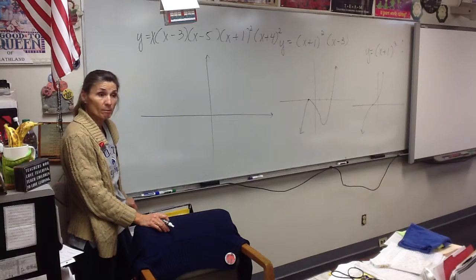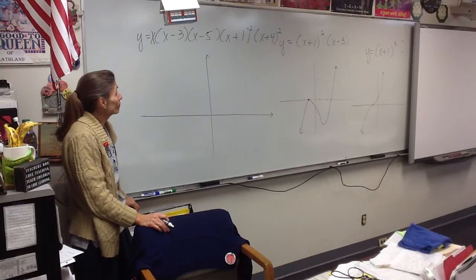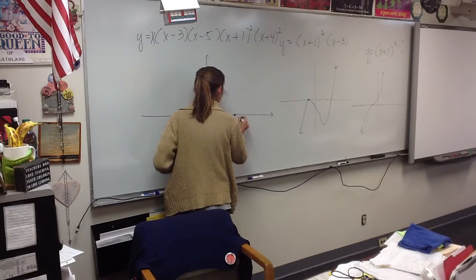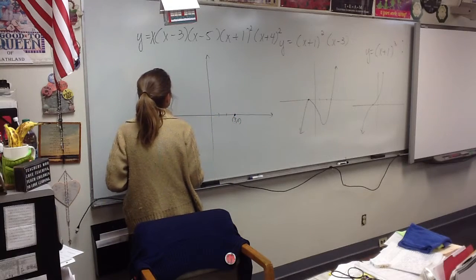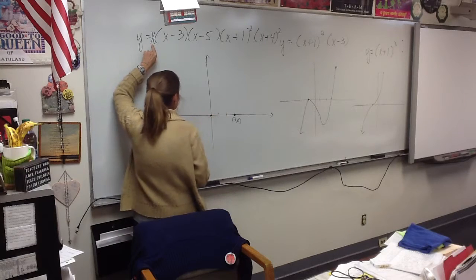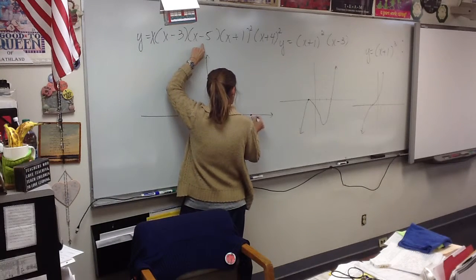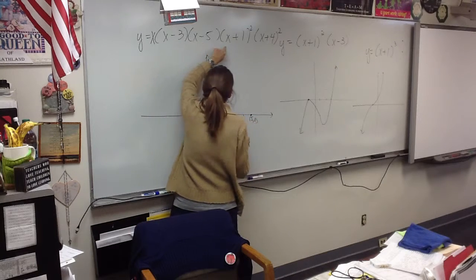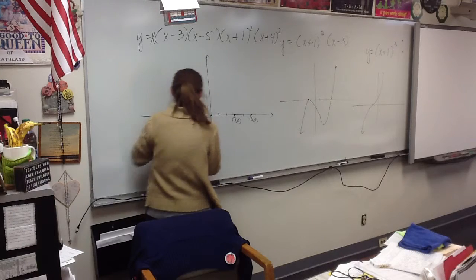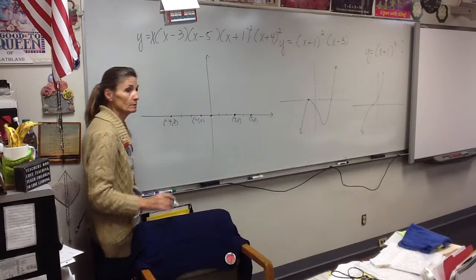Which points are you going to plot? You're going to plot 3. X is 3. And what about this one out here? 0. And 3. And then 5. And then negative 1. And negative 4. You okay with that?